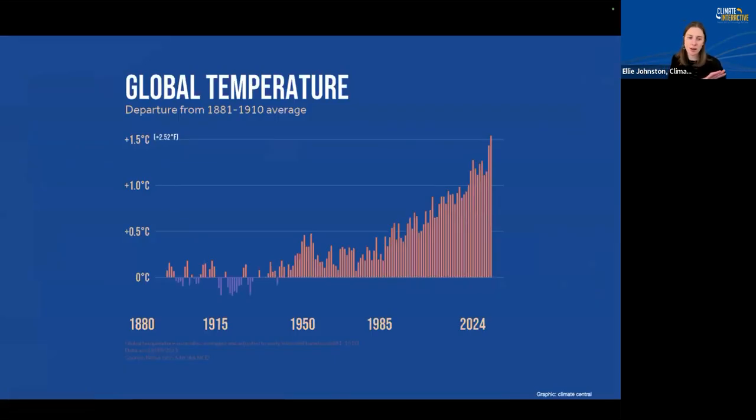So this is a graph from 1880 to 2024, and it's showing how temperature has deviated from the mean average that was between 1881 and 1990. And what you see here is that in 2024, the very last line here on the far right, we hit 1.5 degrees Celsius of deviating from that line.